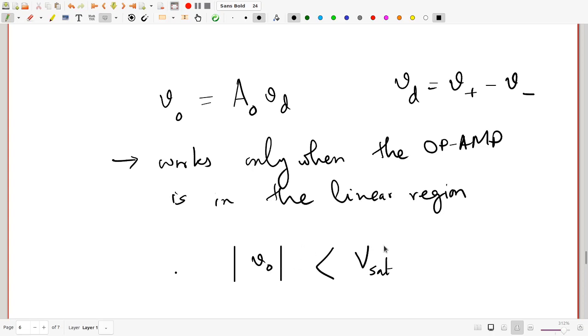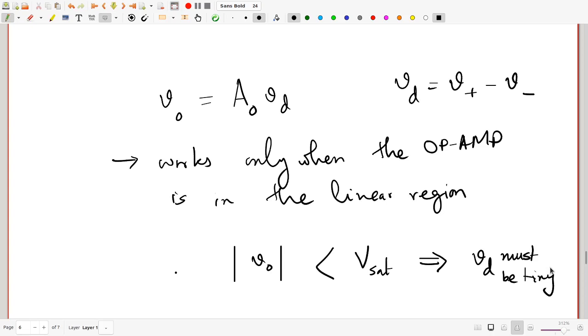So |VO| is less than Vsat. And what does that imply? That implies VD must be very tiny in size. Why? Because VD, after all, in the linear region has to be VO by A0, and A0 is huge, and VO in the linear region cannot go beyond plus minus Vsat.